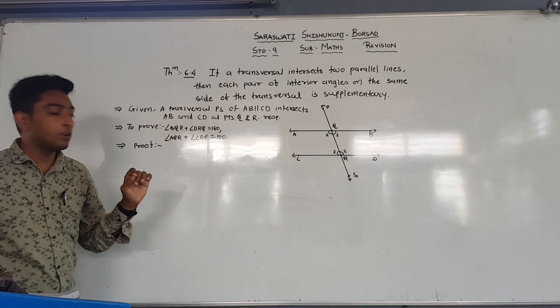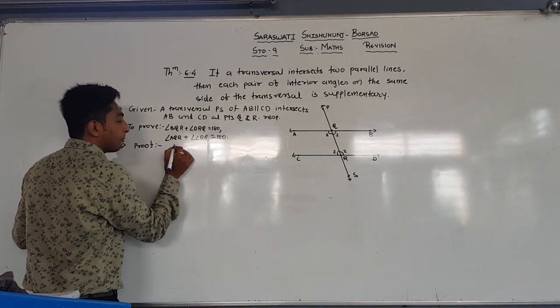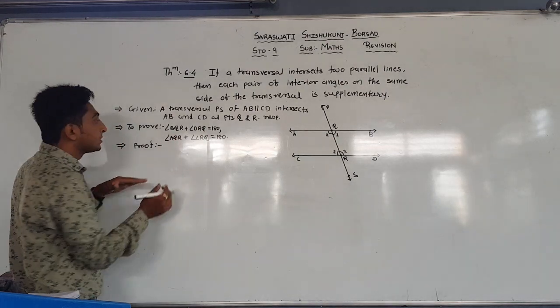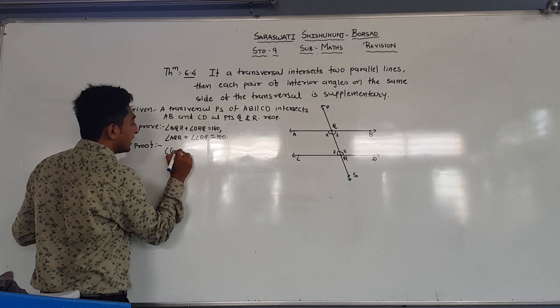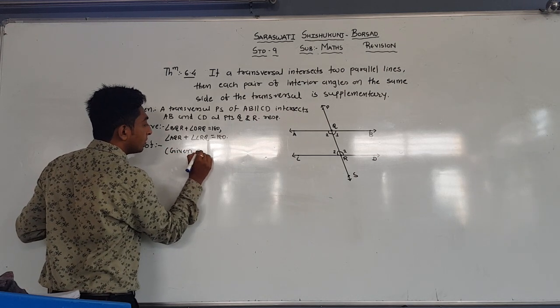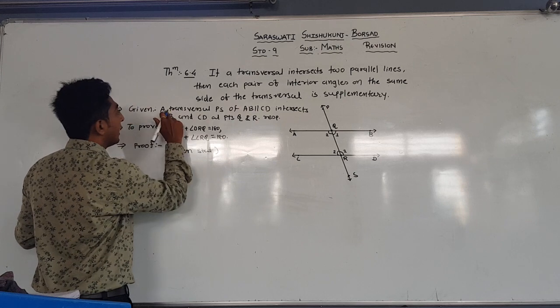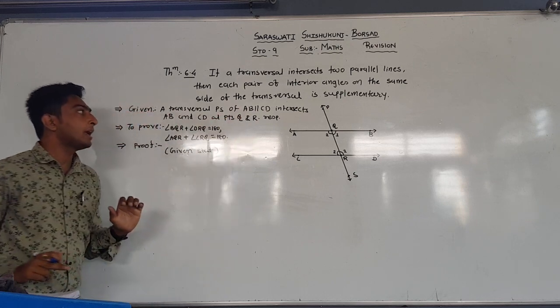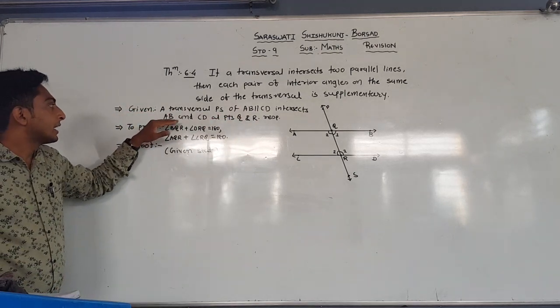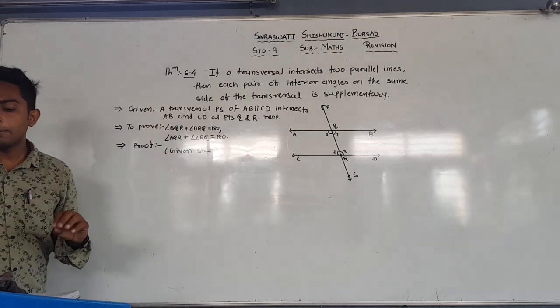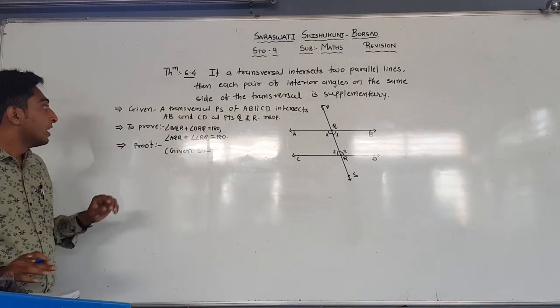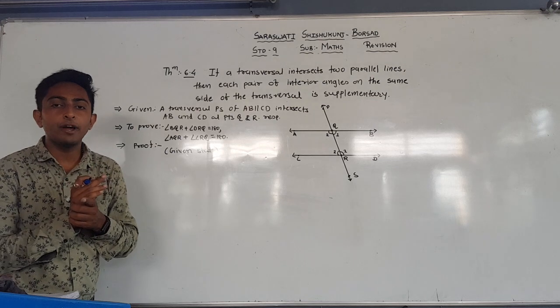First of all, I am not writing it because of the space, but we have to write here the given statement. What is the given statement? A transversal PS of AB parallel to CD intersects AB and CD at Q and R respectively. Now what is theorem number 6.2?